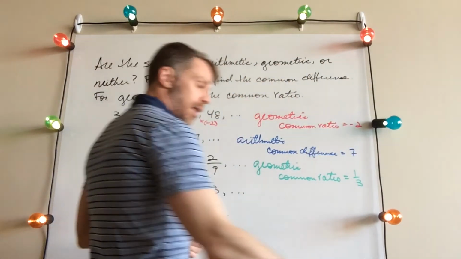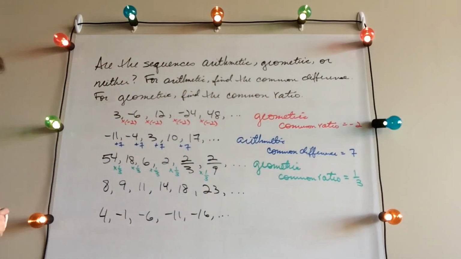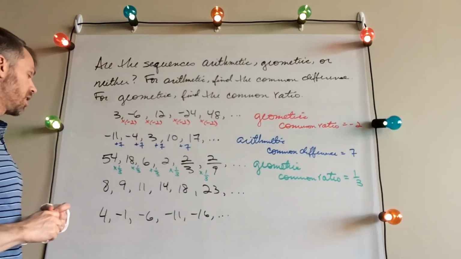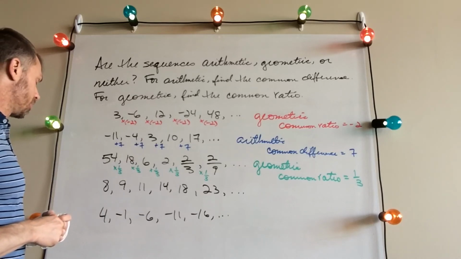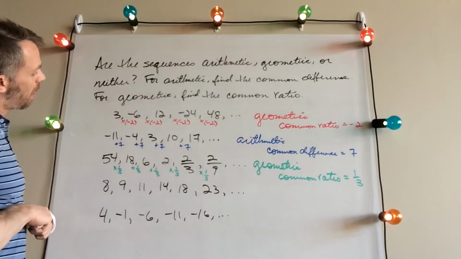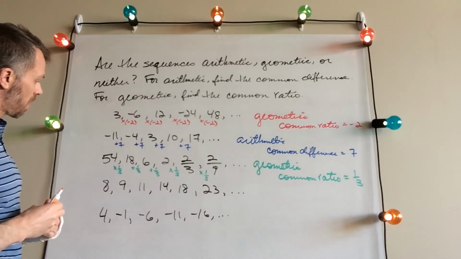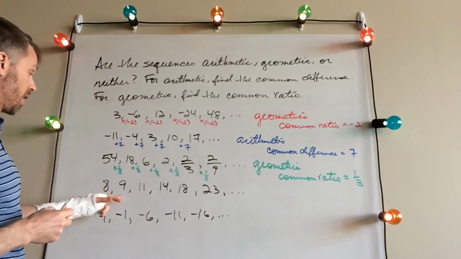All right, how about this one here? 8 to 9 to 11 to 14 to 18 to 23. I don't think I could easily multiply 8 times something to get to 9.